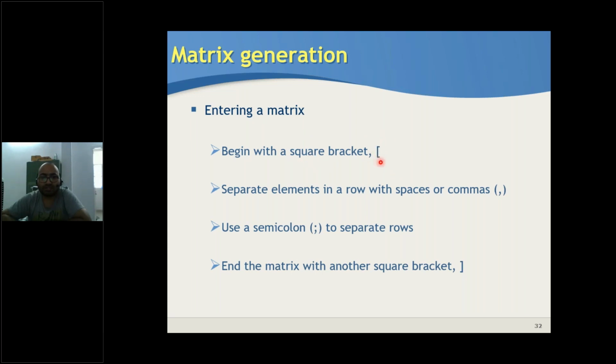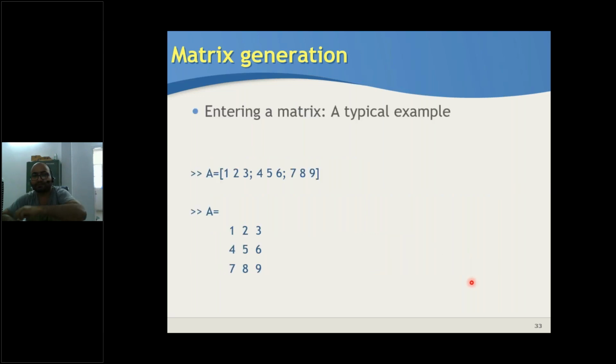So start with a square bracket, then type the values which are present along a single row, and they can be separated by comma or spaces. If you want to switch the row, then you can use semicolon. So the semicolon will separate the rows, and if you want to end the matrix, you have to close the square bracket. So this is the example.